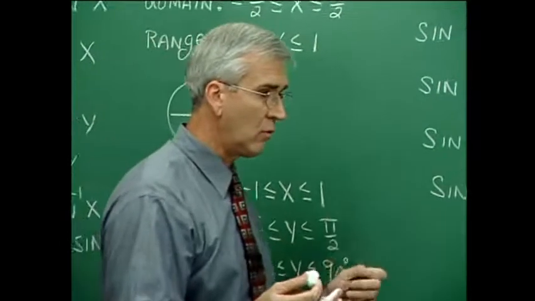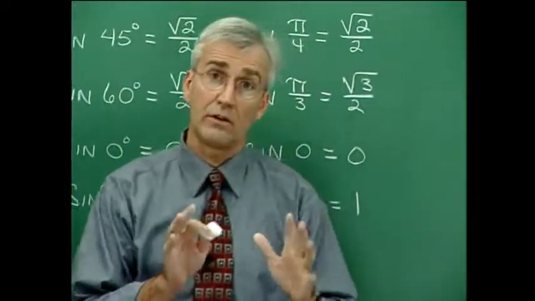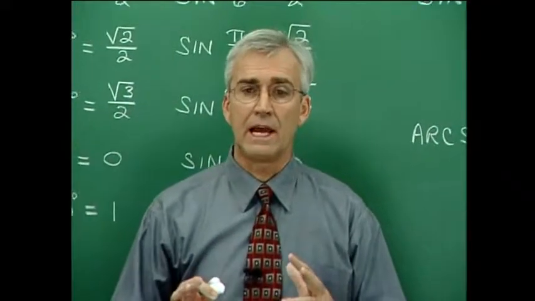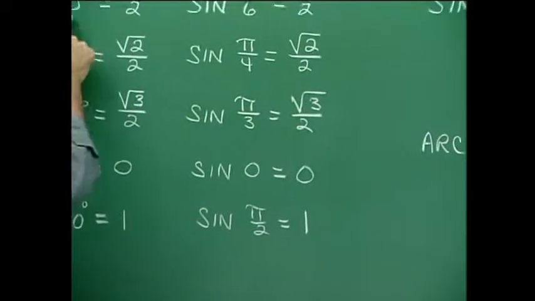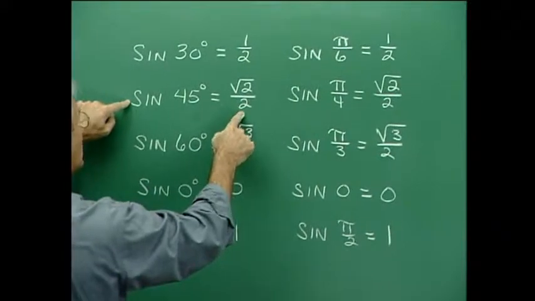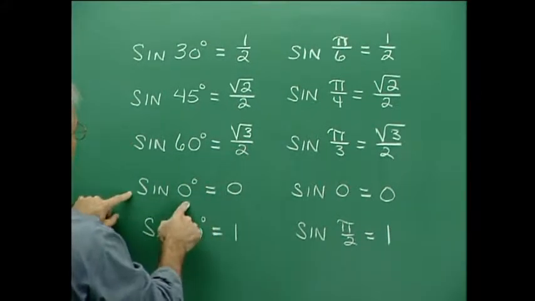Okay. Now, remember that we talked quite a bit about the sine and other trig ratios on some particular angles. And if we're talking about first quadrant situations, then the sine of 30 degrees was 1/2. The sine of 45 degrees was the square root of 2 over 2. The sine of 60 degrees was the square root of 3 over 2. And so on. Sine of 0 degrees is 0.